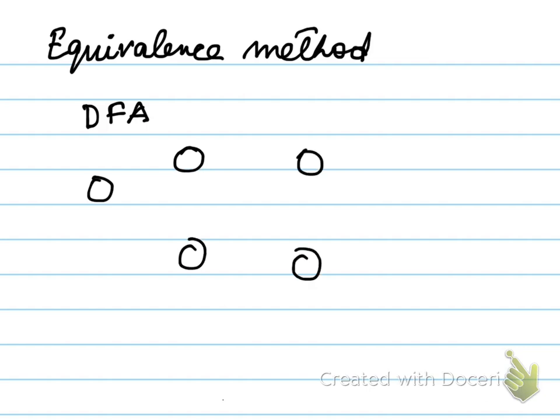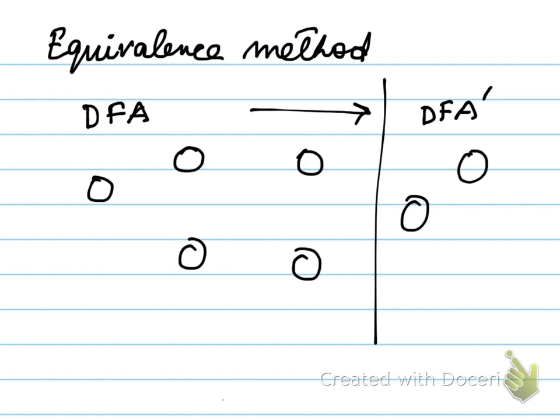From here I would like to reduce it and get another DFA which accepts the same set of strings, but with fewer states. So if I have 5 states, I would like to get a DFA with less than 5 states. In this example, I want a DFA with 4 states.